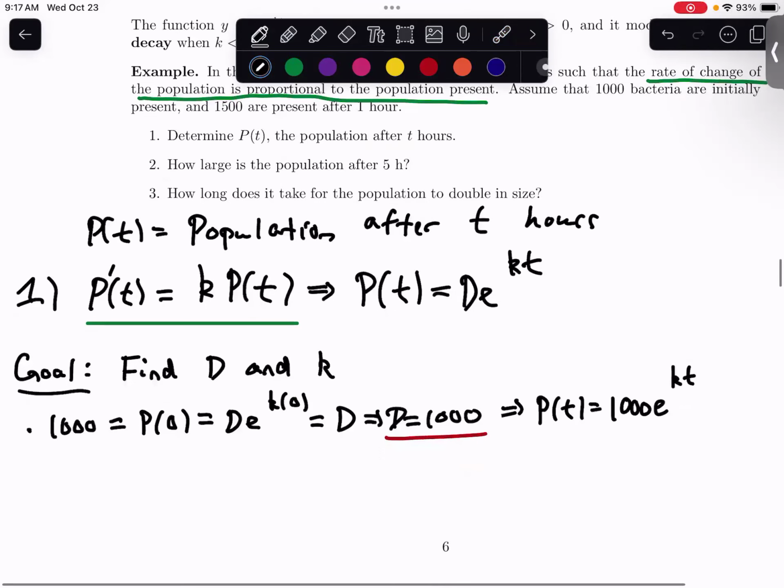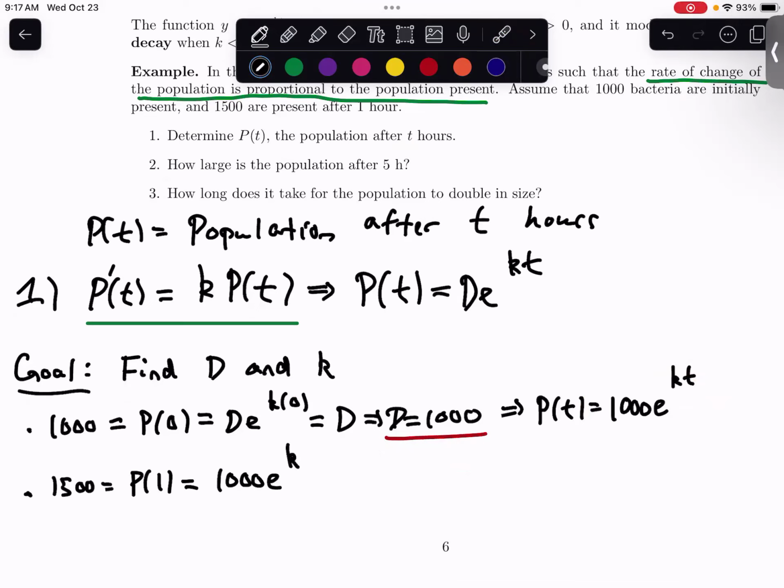So you just do the exact same thing over again. So we have 1,500 bacteria is equal to P evaluated at 1. And then we know P evaluated at 1 is just equal to 1,000 times e to the k times 1. But that's just e to the k. So I'm just going to write it as e to the k. And then from there, you can just solve for k. Now we have an equation in terms of a single variable, and we can solve for what k is going to end up being.